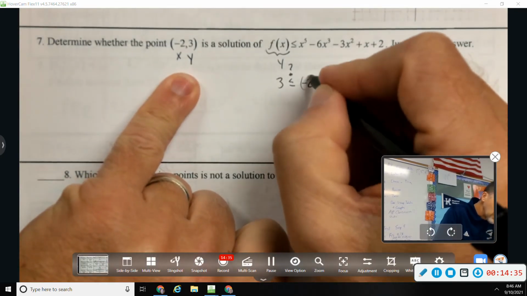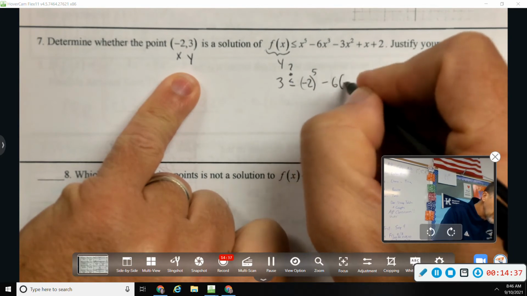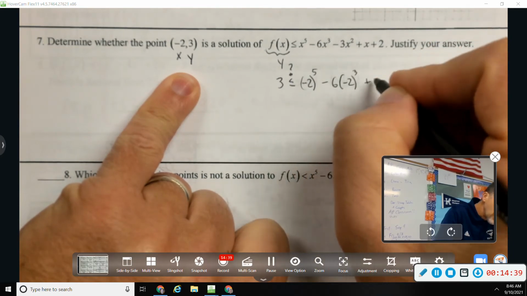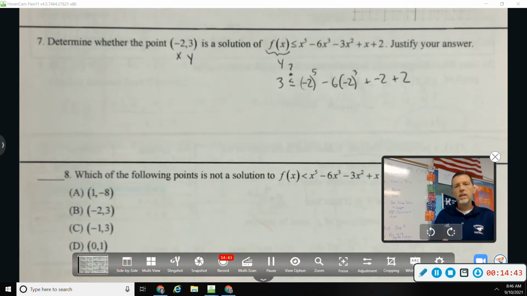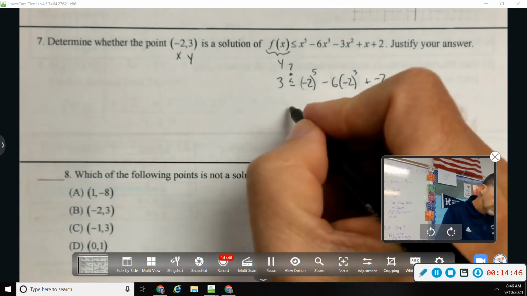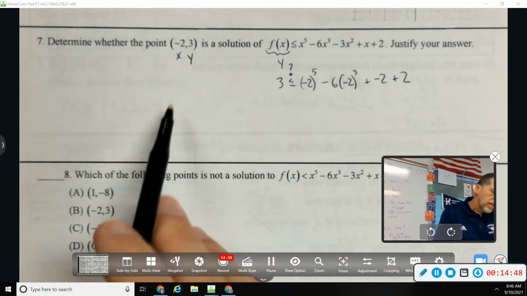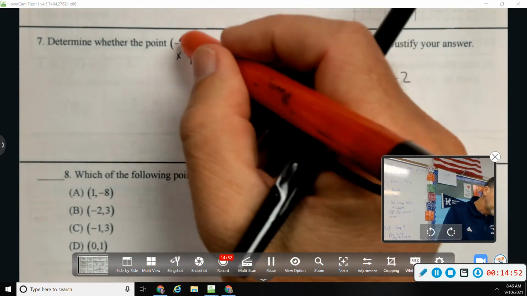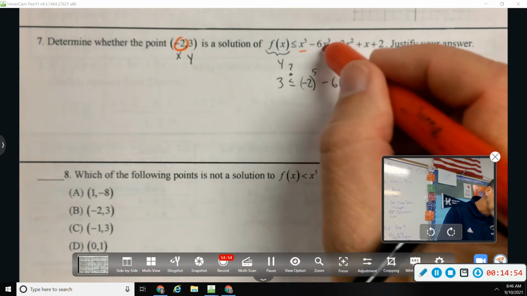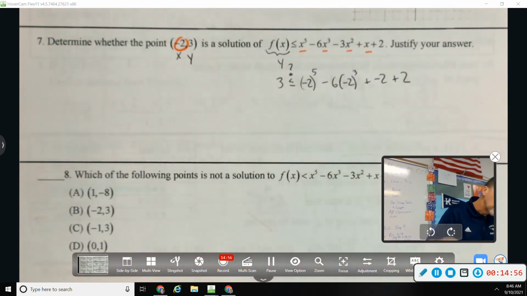Oh, this is kind of annoying, but oh well. Wait. Why is it a plus minus 2? I plugged in negative 2 for x. Everywhere there's an x, shouldn't you just put minus? In goes a negative 2.